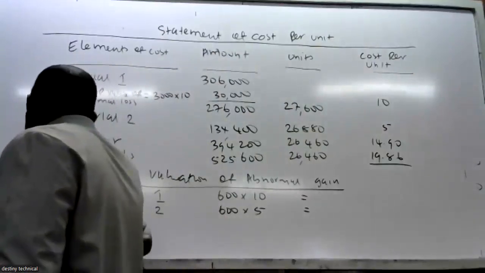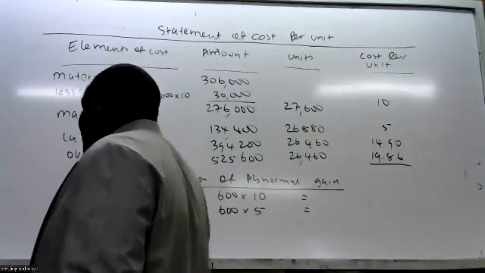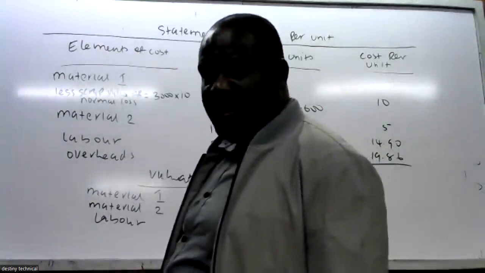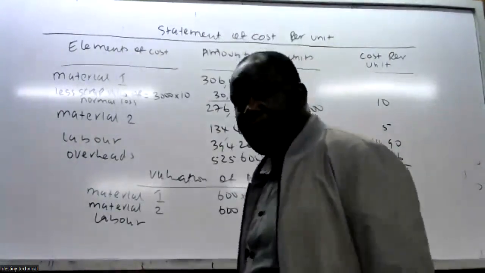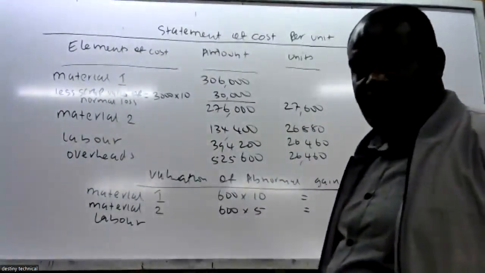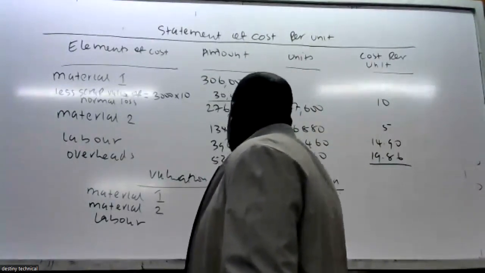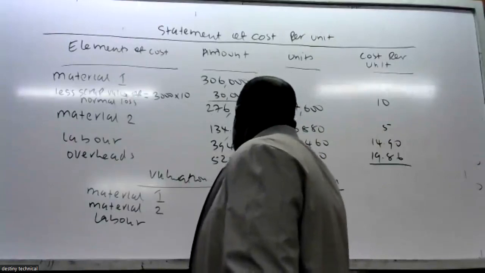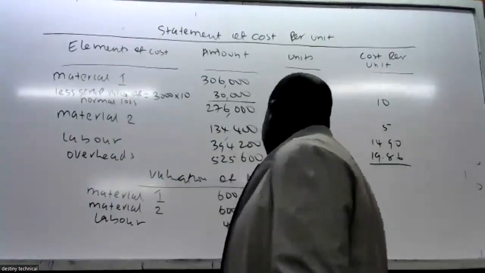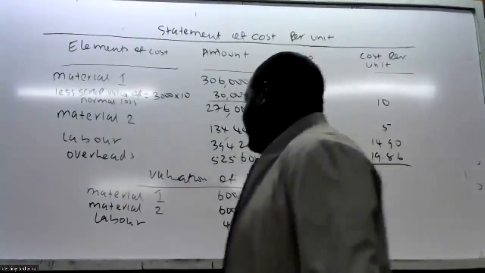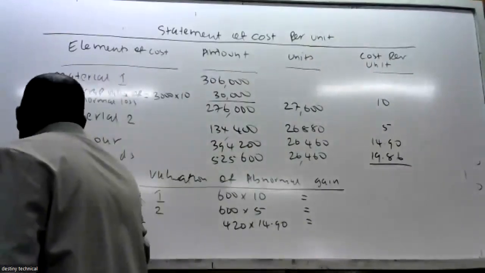Then there is labor. Labor, there were how many units? There were 420. You value them at 14.90. The last one will be the overheads.